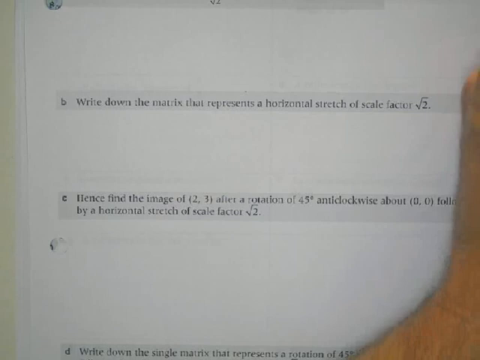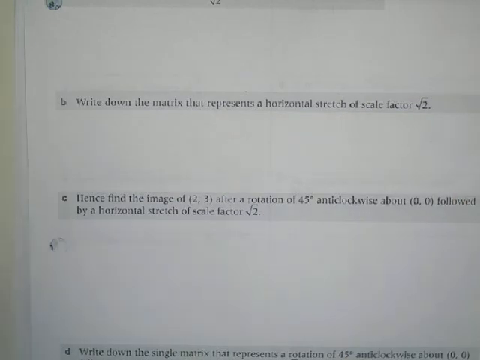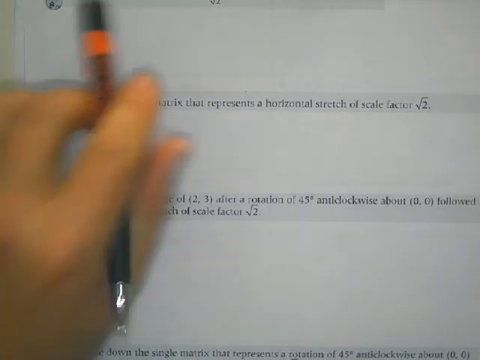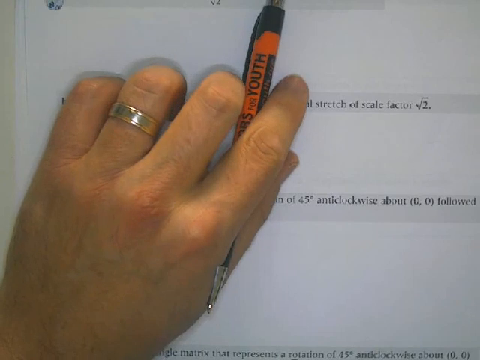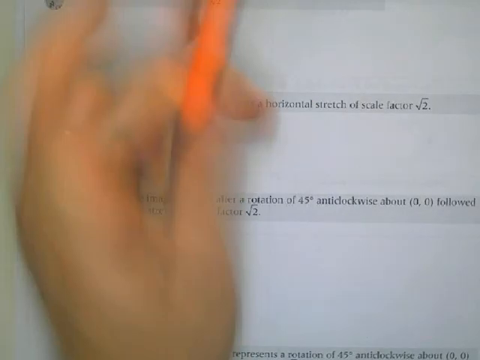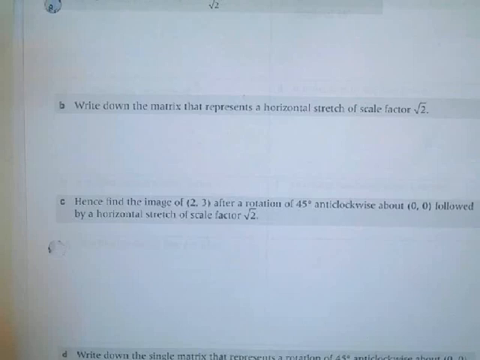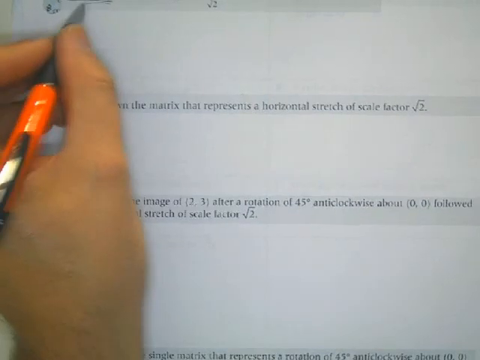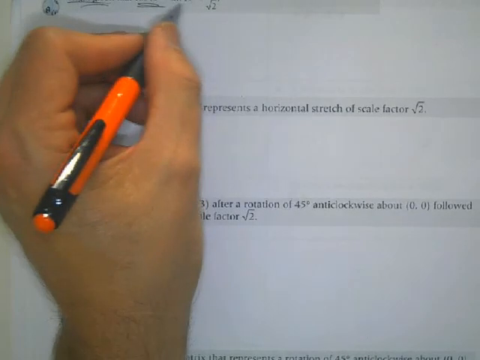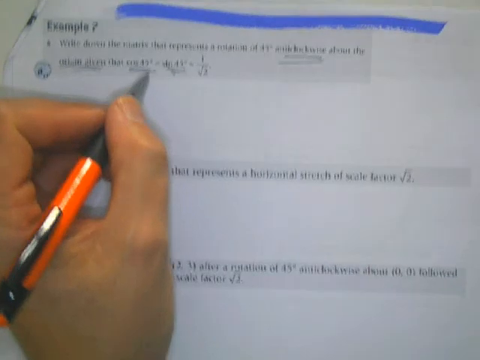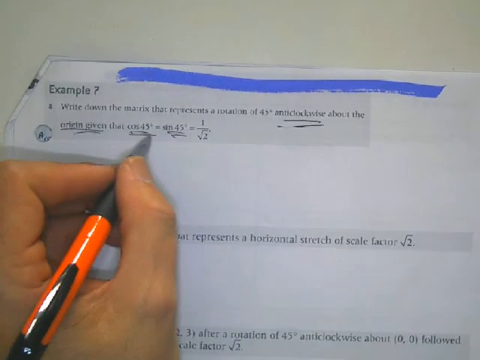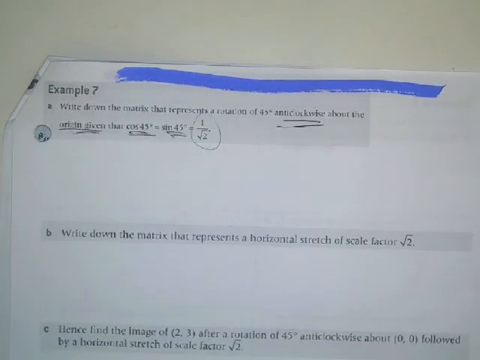All right. Let's do example 7. Okay, so we're going to do a rotation of 45 degrees anti-clockwise over the origin, given that cosine 45 degrees and sine 45 degrees is 1 over radical 2.